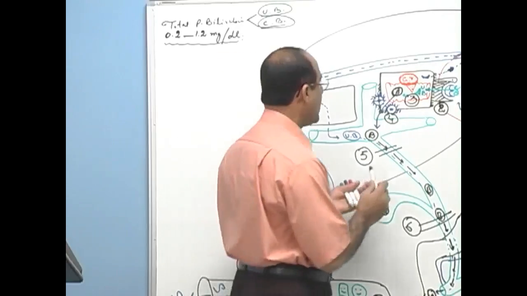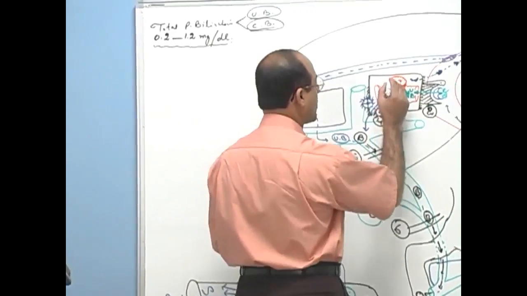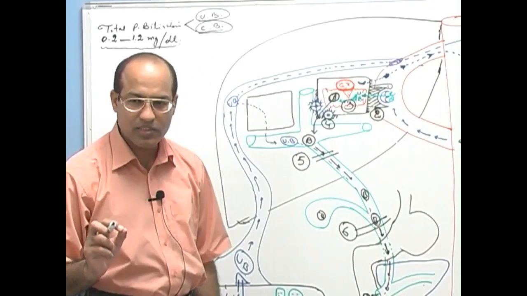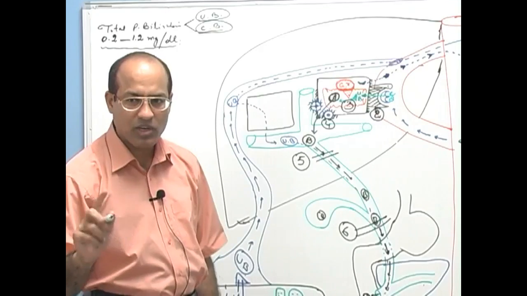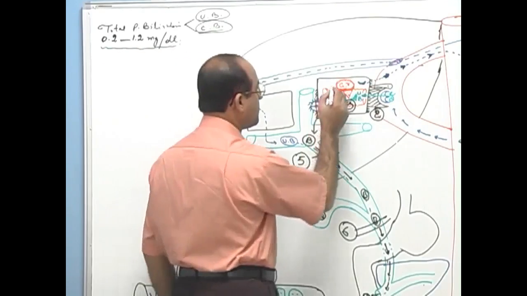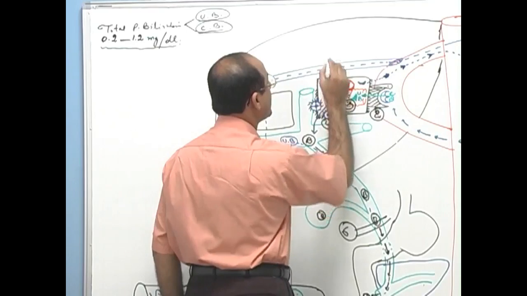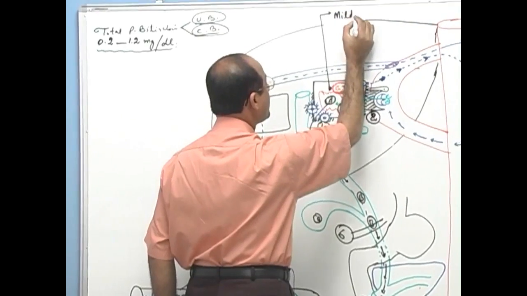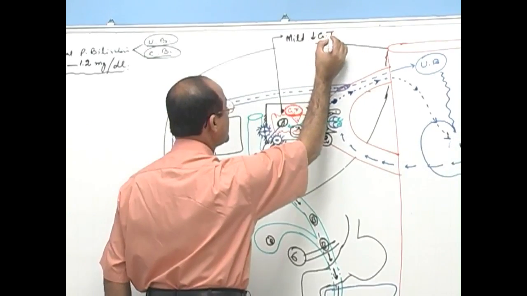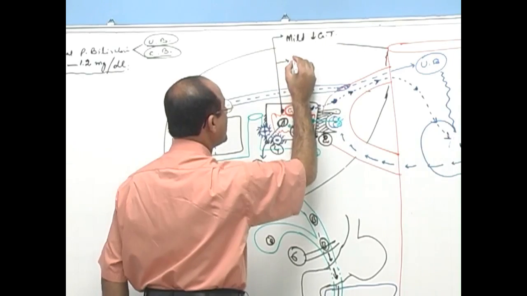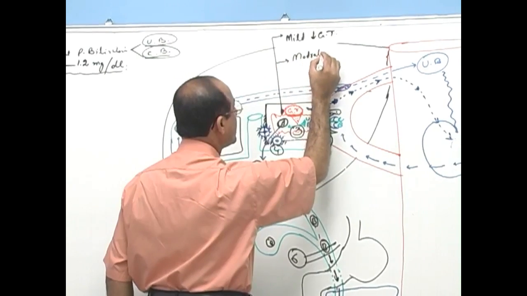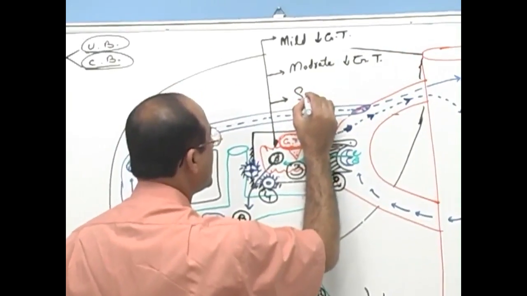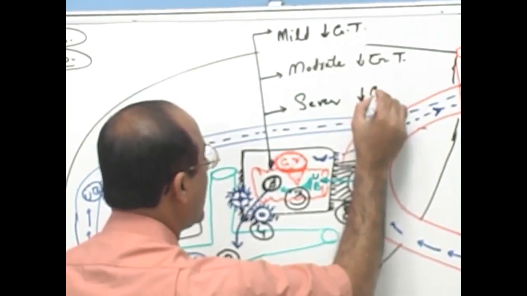Now, let's talk about inherited disorders in which you inherit defective genes which are supposed to synthesize glucuronyl transferase. In these hereditary conditions, there may be mild deficiency of glucuronyl transferase, or moderate deficiency, or severe deficiency of glucuronyl transferase.